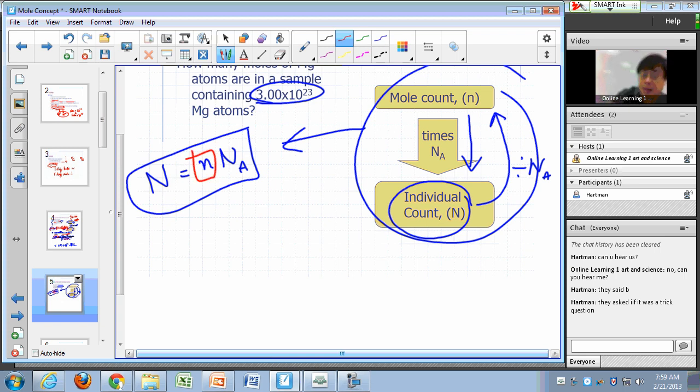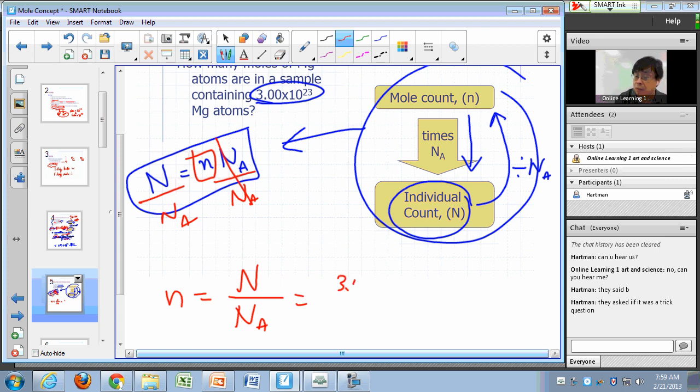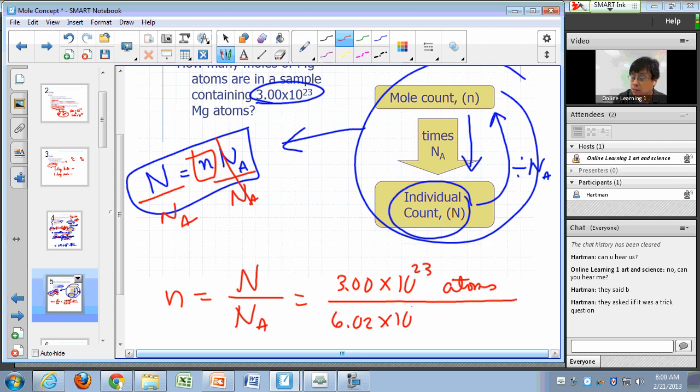I can say that n, I'll divide both sides by Avogadro's number. So n is the actual number divided by Avogadro's number. So 3.00 times 10 to the 23rd magnesium atoms, divided by 6.02 times 10 to the 23rd.